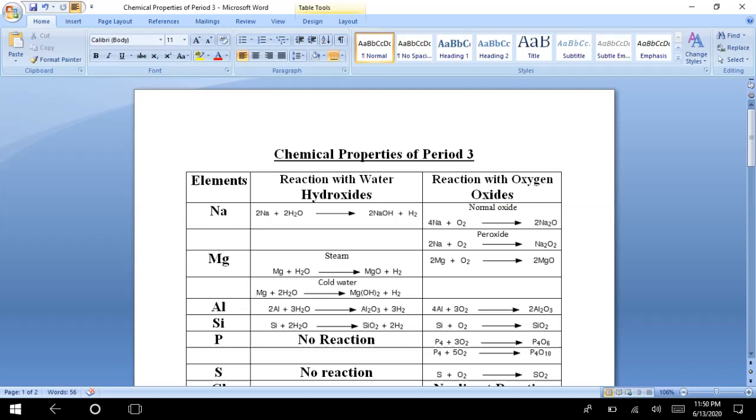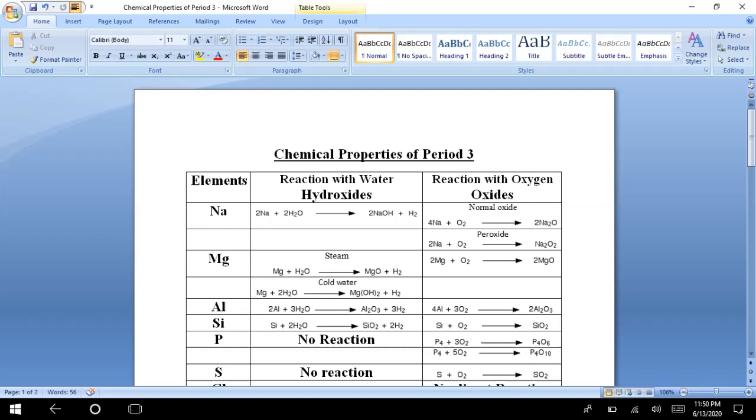When aluminium reacts with water, it forms aluminium oxide. And this aluminium oxide also acts as a protective layer for the remaining aluminium. But when we talk about phosphorus and sulfur, they have no reaction with water. Why is that so? Because only those elements react with water that can easily ionize.